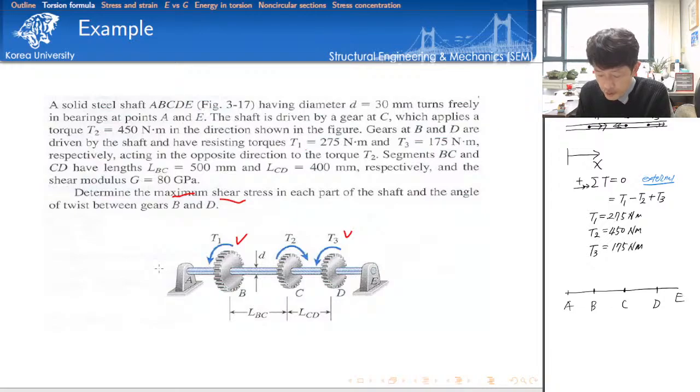So force equilibrium is satisfied, okay? So it is in equilibrium.